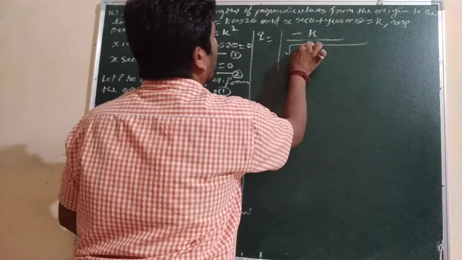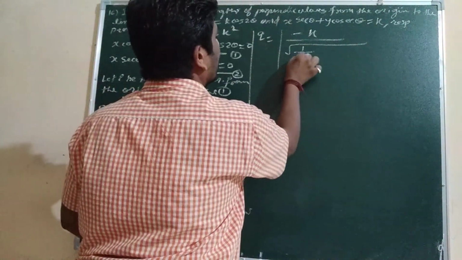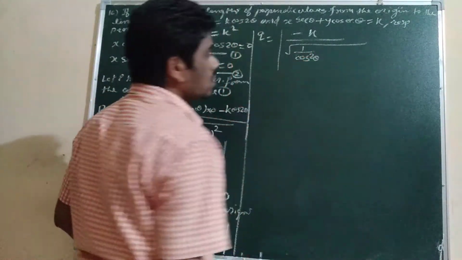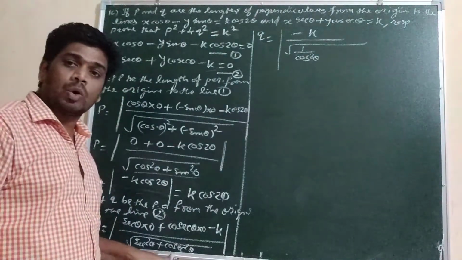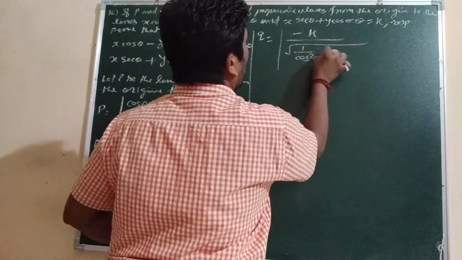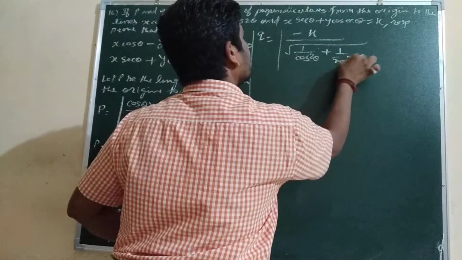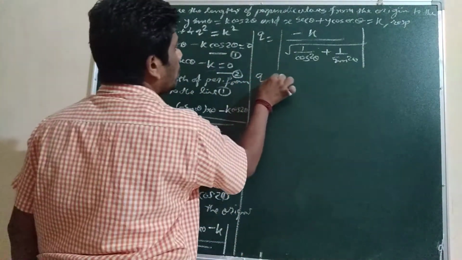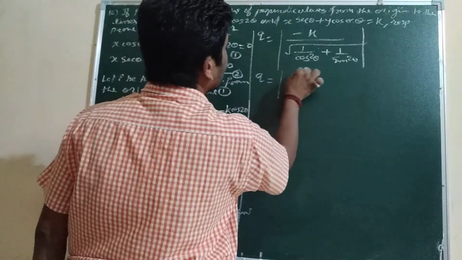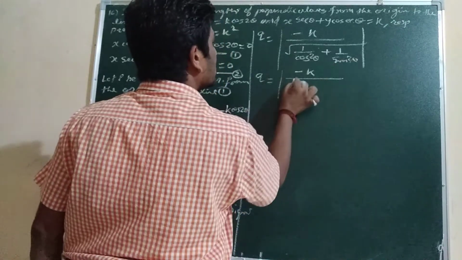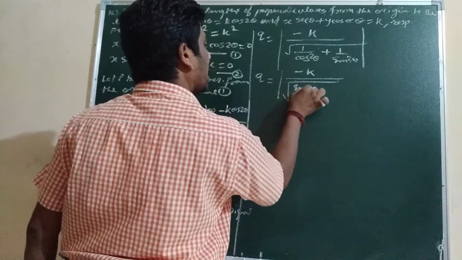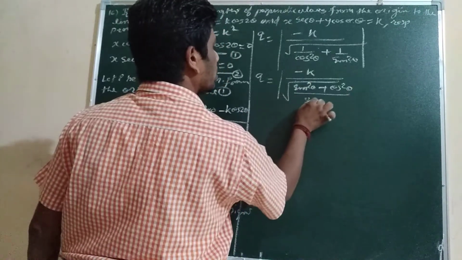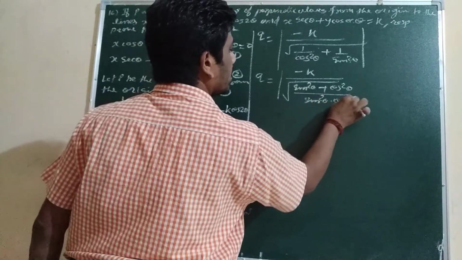Sec is the inverse of cos theta, so we can write sec square theta as 1 upon cos square theta, and cosec square theta as 1 upon sin square theta. If we take the LCM, we get q equal to minus k upon the square root of sin square theta plus cos square theta upon sin square theta into cos square theta.